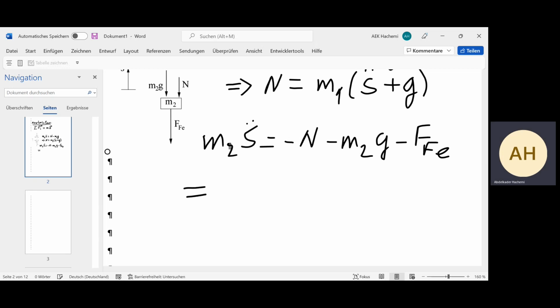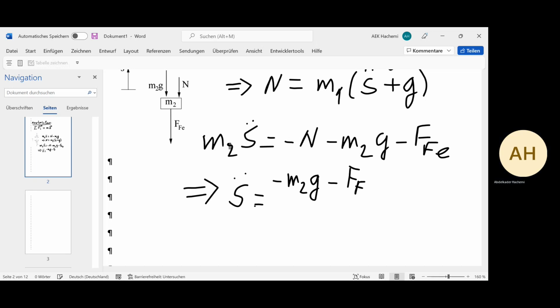And from this we get now S double dot will be equal to minus M2 G minus the spring force FFA and minus the contact force N, divided by M2.